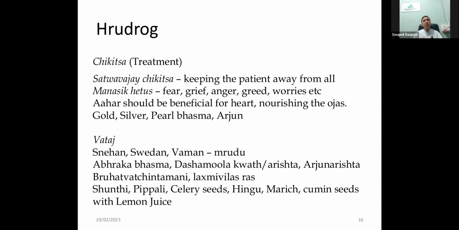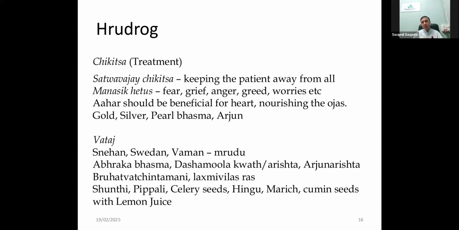Now vamana creates a lot of pressure on the heart because it is emesis. So the patient has to take efforts to vomit out. However, such medicines can be used which create less pressure, and the doshas can come out with ease.